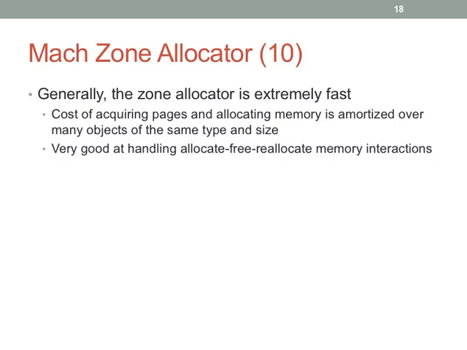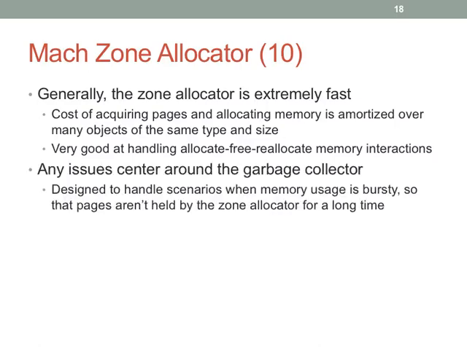And so we can handle allocate, free, reallocate super easily. If there are issues, which there aren't any very serious issues, the fact that OS X actually uses this allocator all the time for its kernel should indicate that there are very minor issues, if any at all.